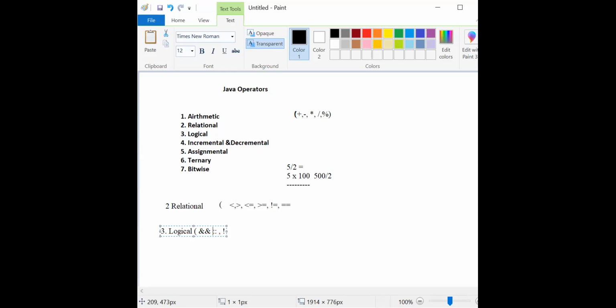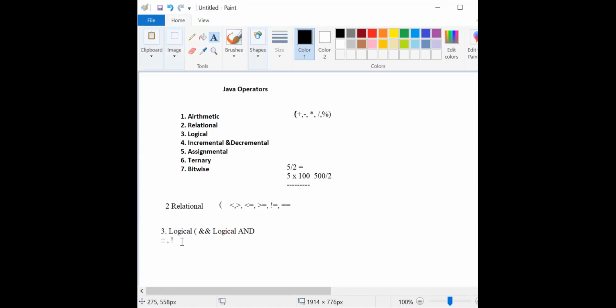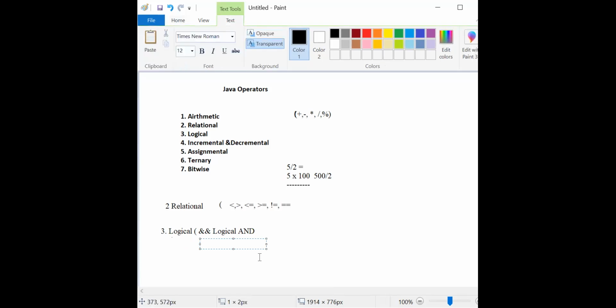I have to write here, logical and. This is the logical and, and this symbol is the logical or.